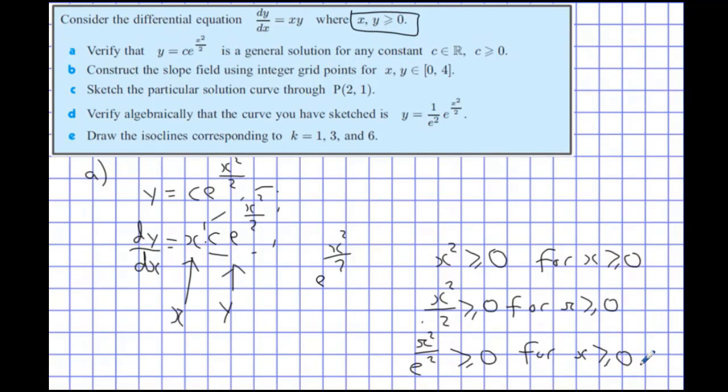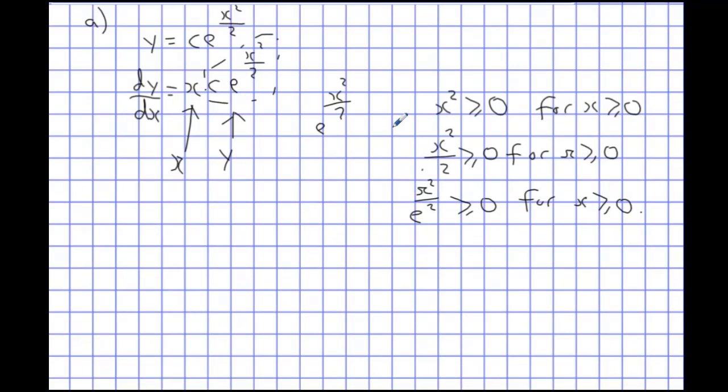So as y equals c e to the x squared over 2, and we also know that y is non-negative, c must be non-negative as well.